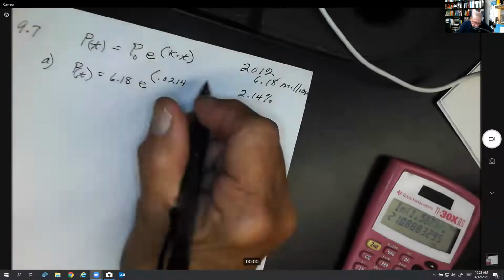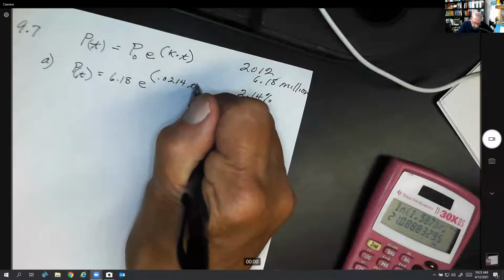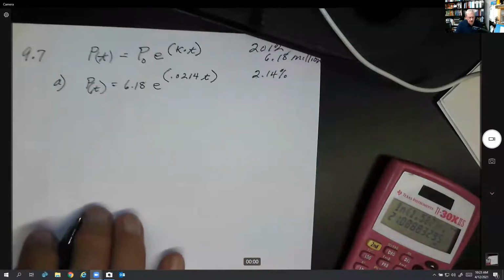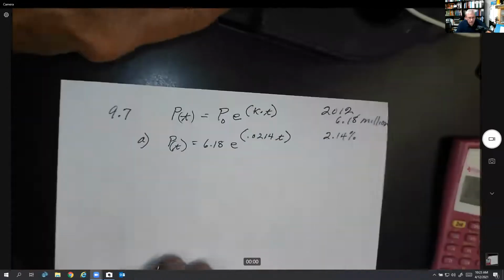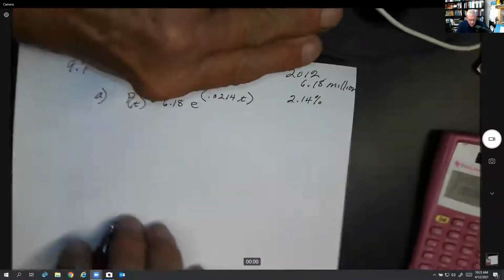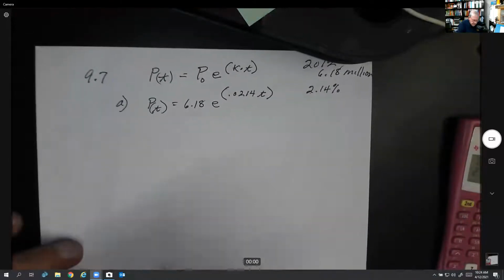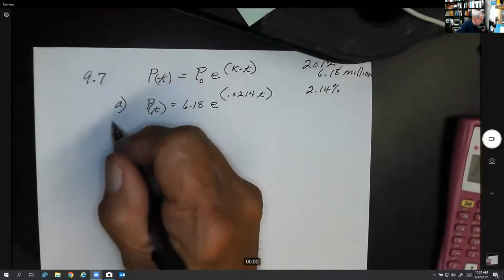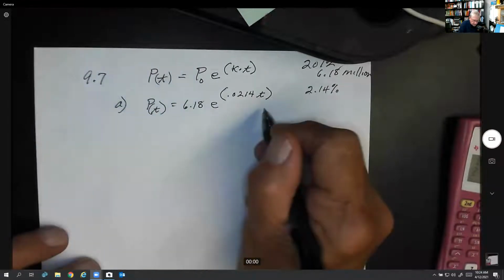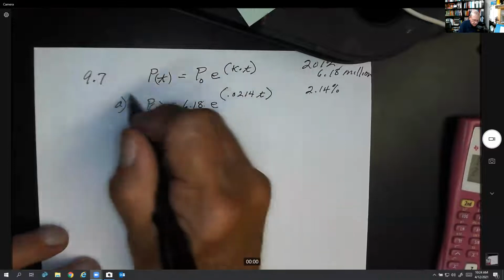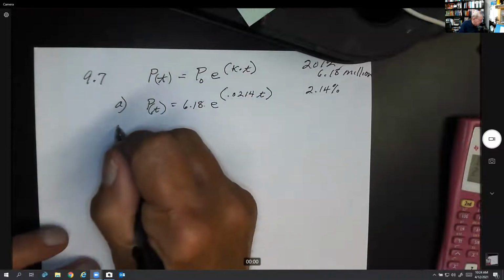Want to change that. And T, we don't know. T, time. So this is our new improved formula. Okay, that's what they want. And so when they say write the exponential growth function, that's what they're talking about. Write the formula in terms of this problem. Okay, B.